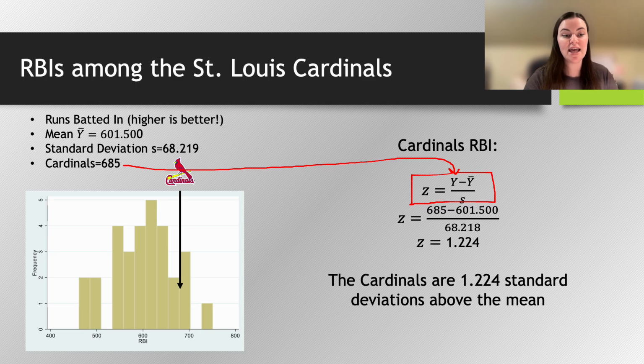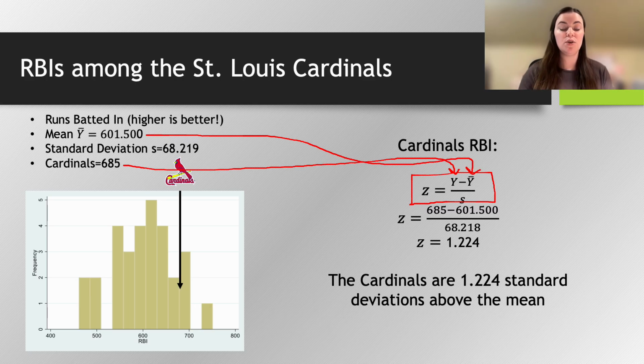We're going to subtract that by the average, or how much on average did Major League Baseball teams have in terms of RBIs. So that is league-wide, not just among the Cardinals. And lastly, we're going to divide that by our standard deviation, which in this case is 68.219. And so once I plug in all those numbers, I end up with a z-score of 1.224.